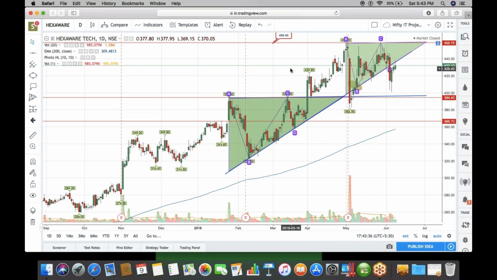So what do you derive out of this? You derive a very good point. I'm writing it. Never buck the trend of the index.